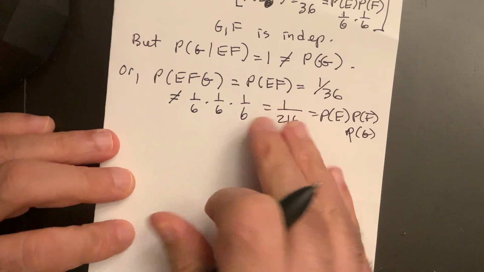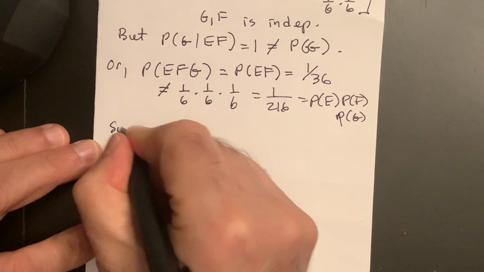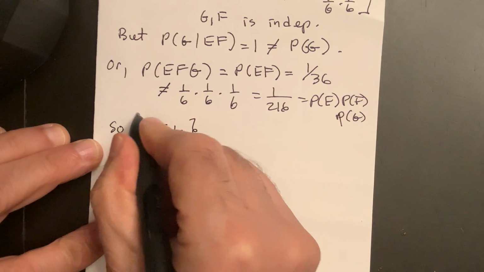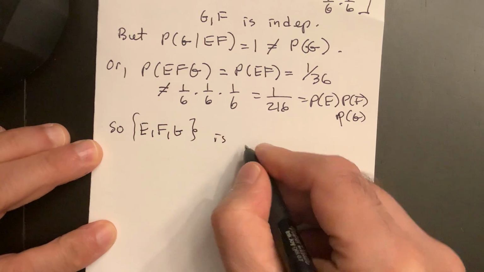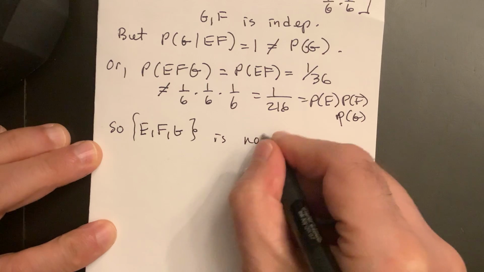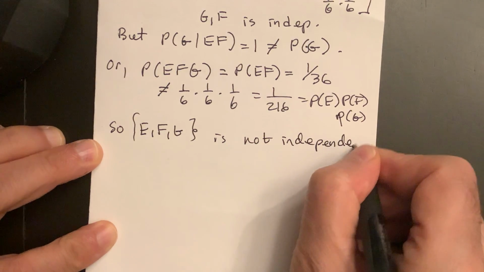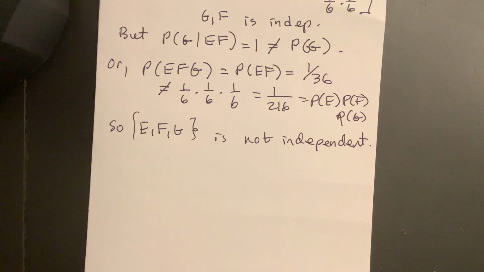So we say the set EFG is not independent. So you can be specific in these cases and say the events in this set are pairwise independent, but the set is not independent, something like that.